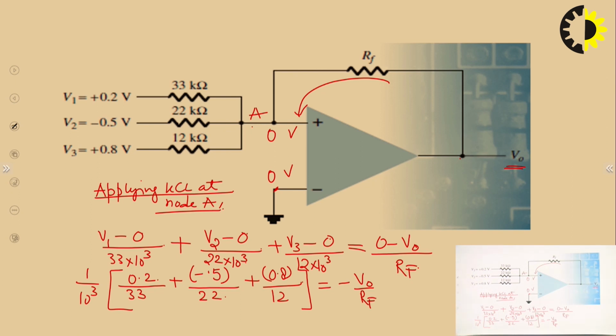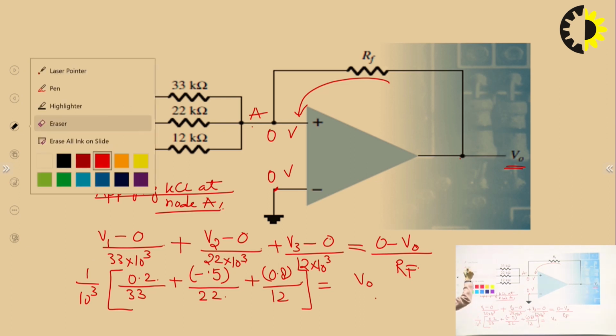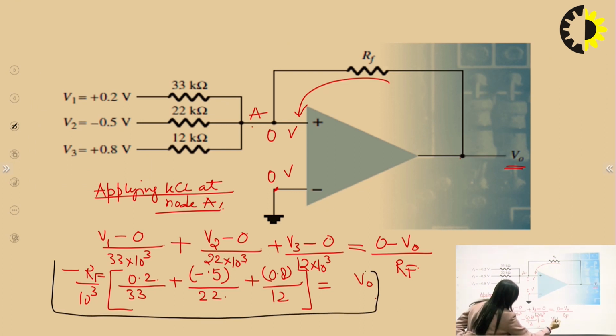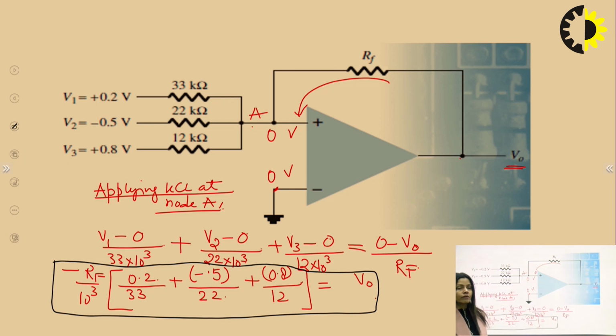Since the RF value is not known, VO is minus RF into 10 raised to the power 3 times this value, and here is the answer. So this was just to revise the concept which we have already done. If the RF value is known, we can put in the value of RF and solve for the output voltage. Okay. Next.